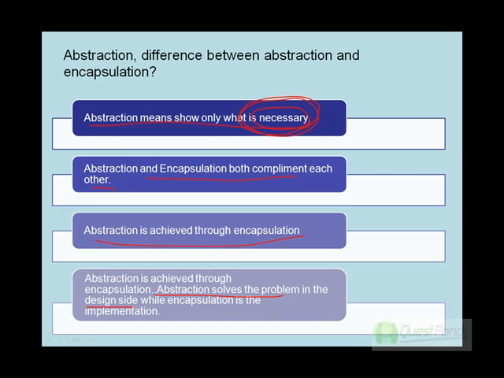So abstraction is a theoretical thought process where you put down things in the design document, and encapsulation helps to achieve that. So both of them complement each other. Abstraction means show only what is necessary, while encapsulation means hide the complexity. In a different view, we can say that encapsulation helps to achieve abstraction.